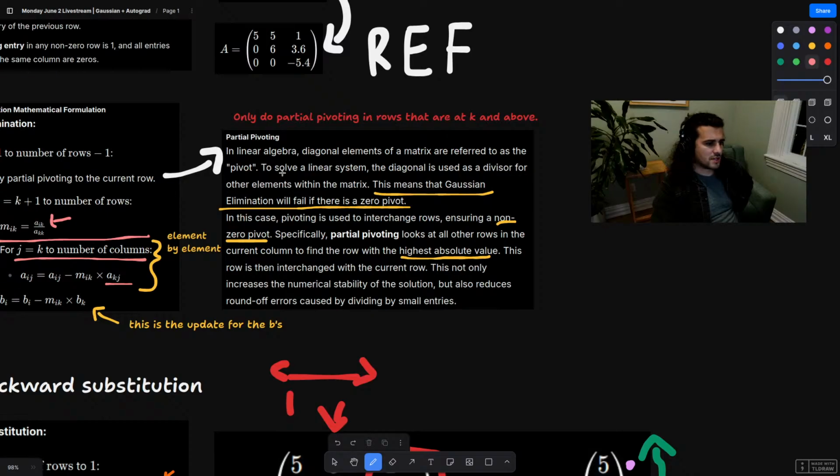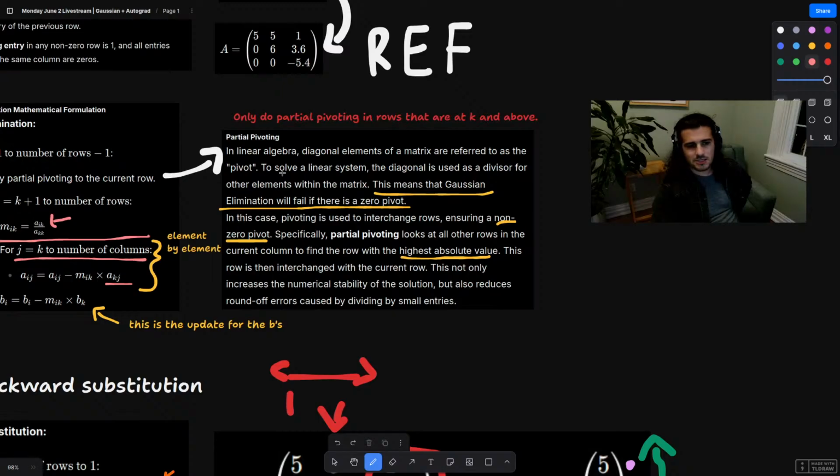Partial pivoting looks at all the other rows in the current column to find the row with the highest absolute value. This row is then interchanged with the current row. This will not only increase the numerical stability of the solution, but also reduce round-off error caused by dividing by small entries. I mean, at the end of the day, it doesn't matter.